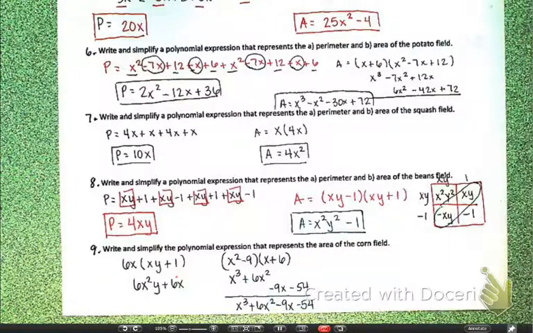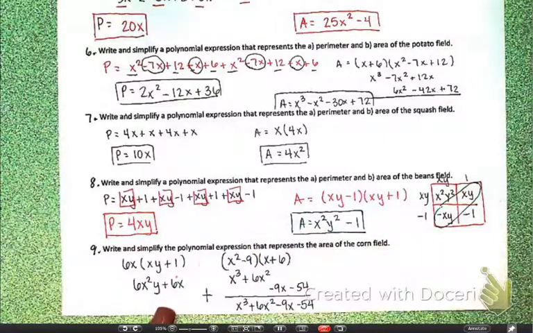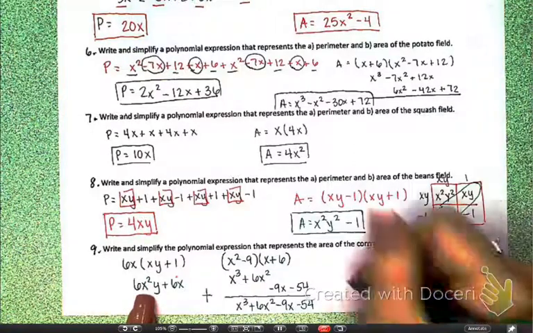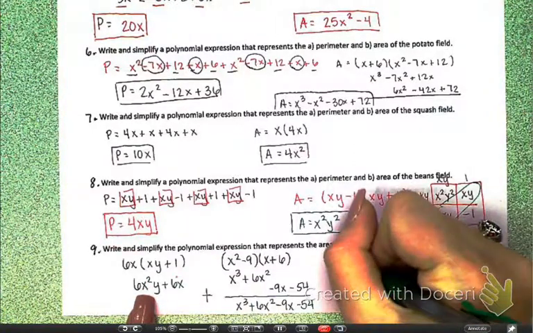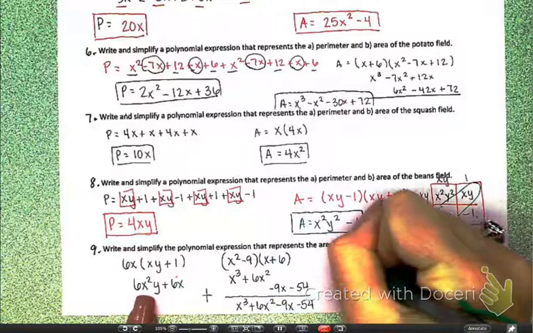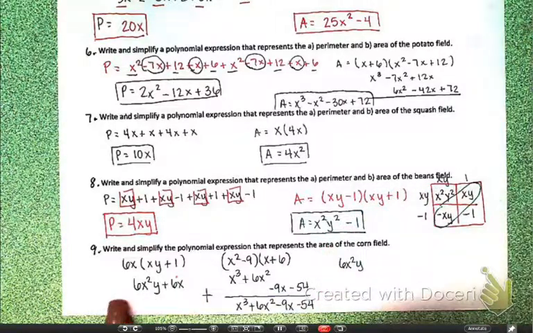Are we done? No, what do we need to do? We need to combine like terms. We need to add this answer to this answer. So because of this funky y, we'll throw that one in the front. So we'll do 6x squared y, and now let's go highest exponent from there.